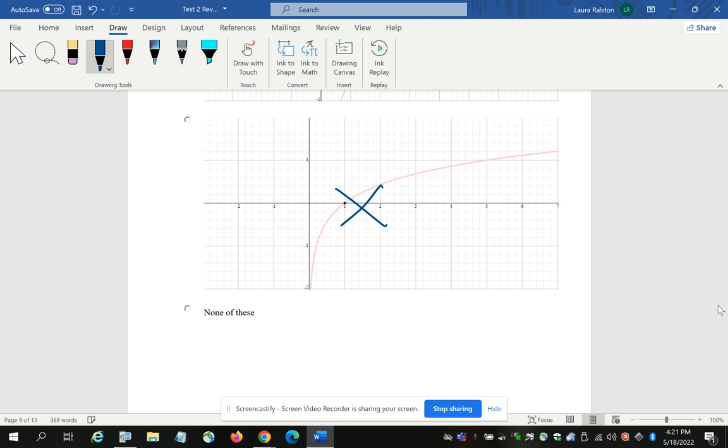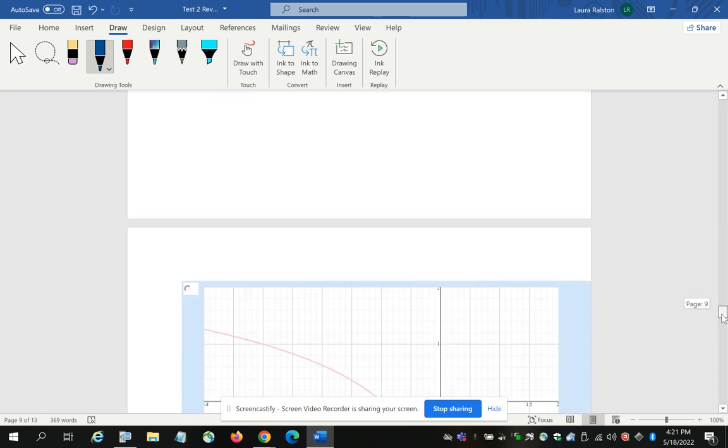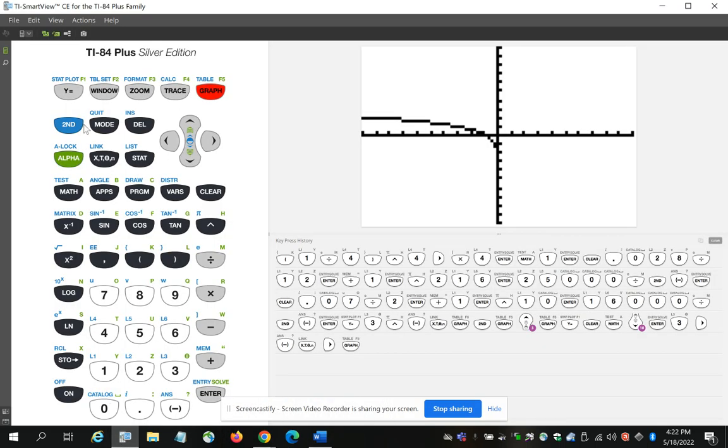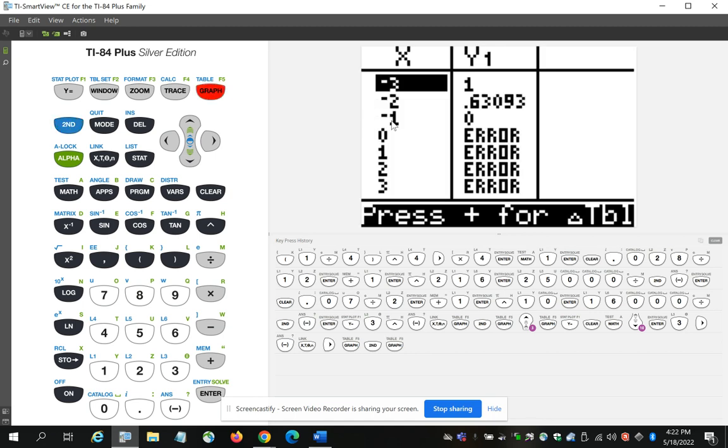This one doesn't work. So I'm really down to either none of these or the last option. So I need to check this last option. I want to see about some of the key points. So if I hit my table, I should have a point at negative 1, 0 and negative 3, 1.